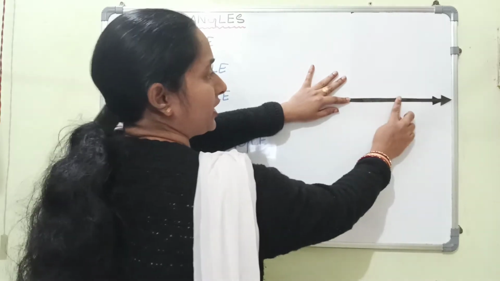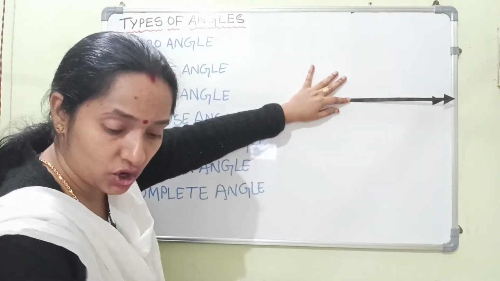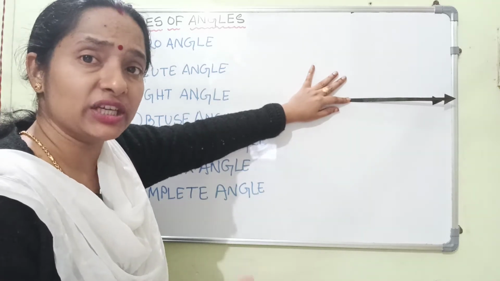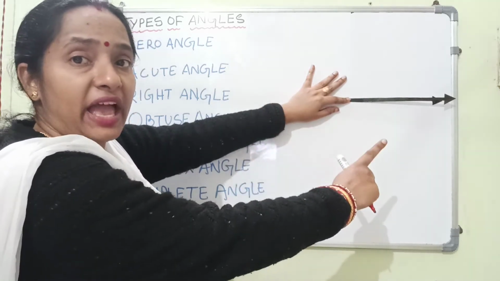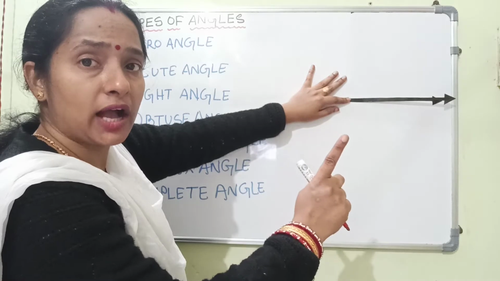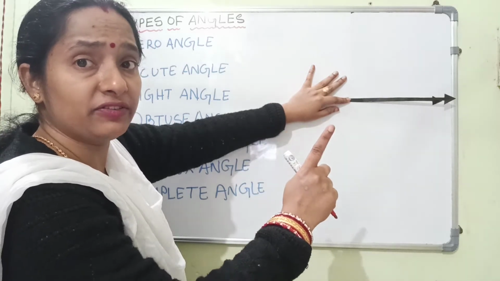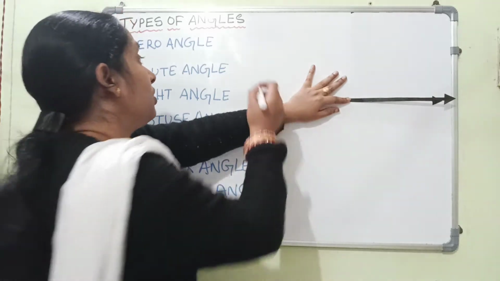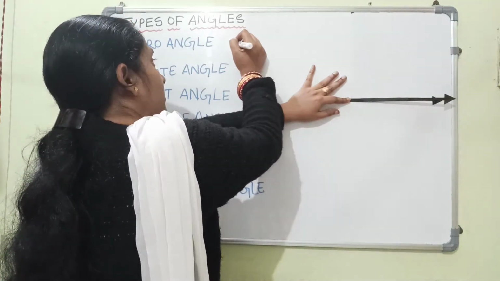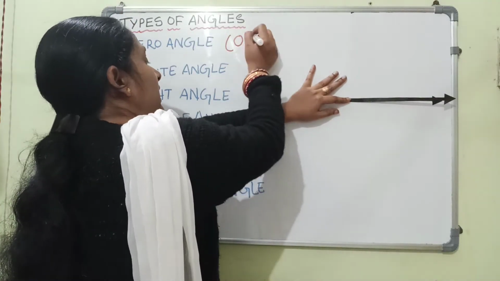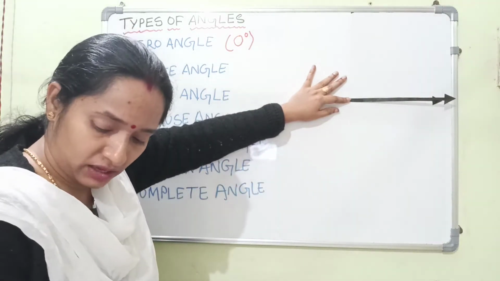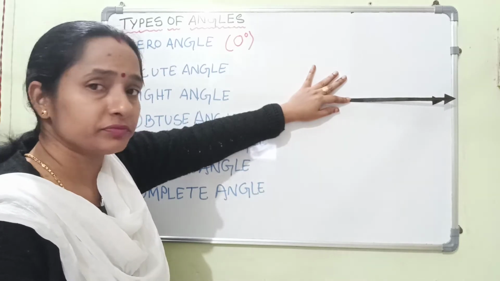So such an angle will be called a zero angle. As we learned that angles are measured in degrees, the measure of the angle between two arms which are overlapping on each other will be 0 degree, the zero angle.